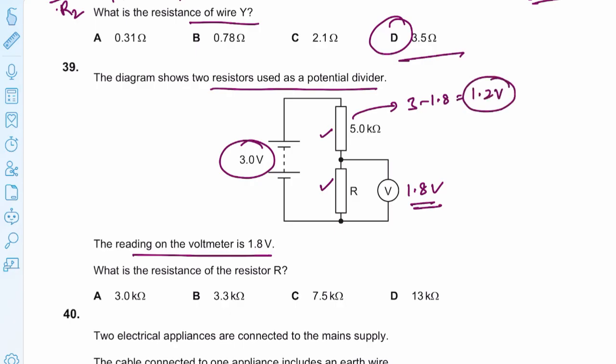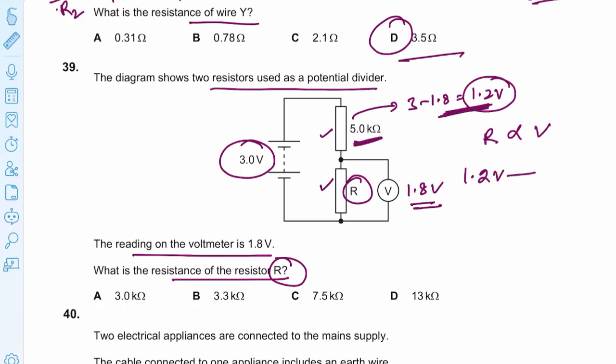The question is, what is the resistance of the resistor R? We are talking about this one. Very simple. We know that resistance is directly proportional to voltage. Now you tell me, for 1.2 volt, what is the resistance given? 5 kilo ohm, right? Now the question is, find out for 1.8 volt, what will be your resistance?